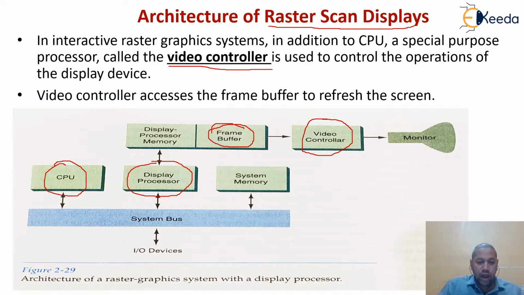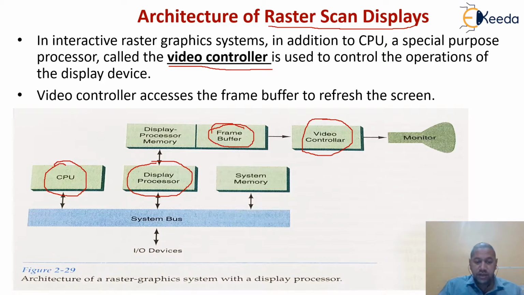And for the graphics tasks or the package, we require again a separate processor in the raster scan display. We call it the display processor, and along with the display processor we have the display processor memory. It has its own memory, and it is going to access it along with the system memory. The system memory and the CPU are part of our computer system.